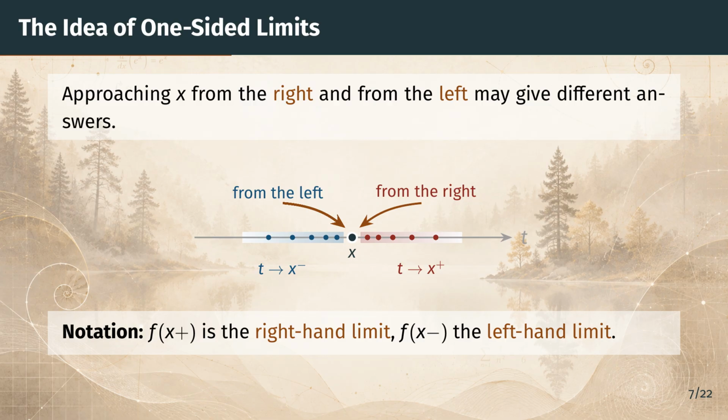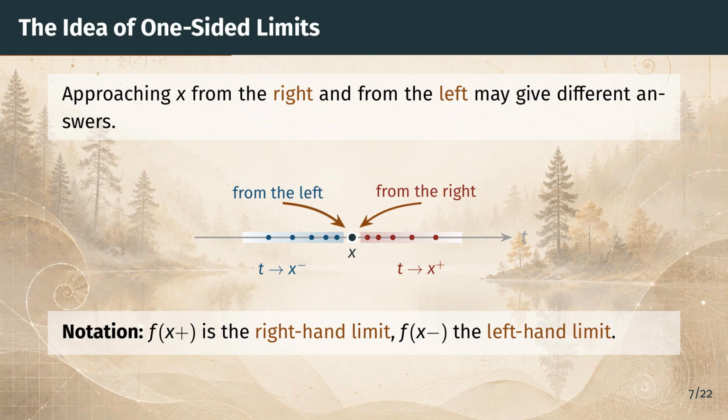The orange arrow points the way. As these inputs creep toward x from the left, the outputs settle on a value we call f of x minus, the left-hand limit. On the right, the red dots do the mirror image, and their outputs tend to f of x plus, the right-hand limit.